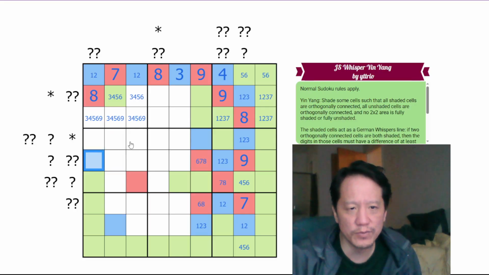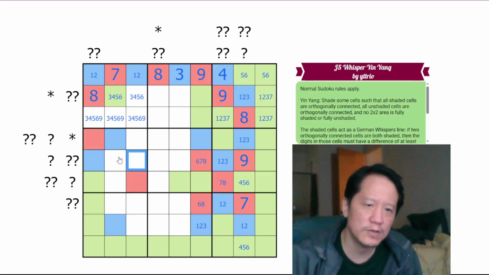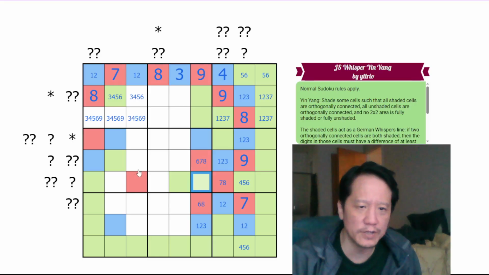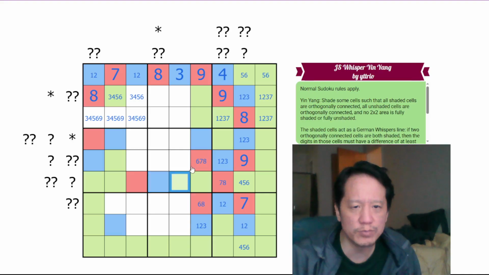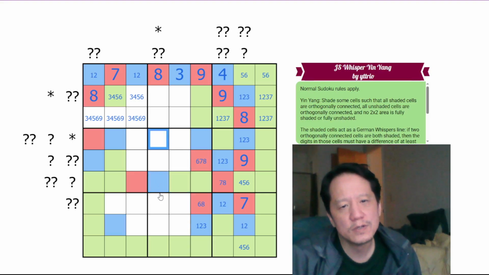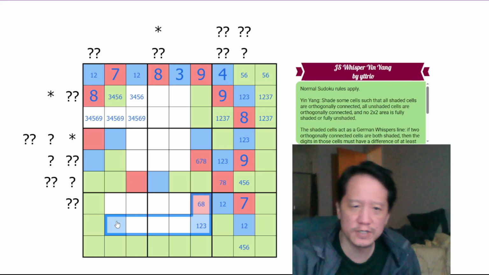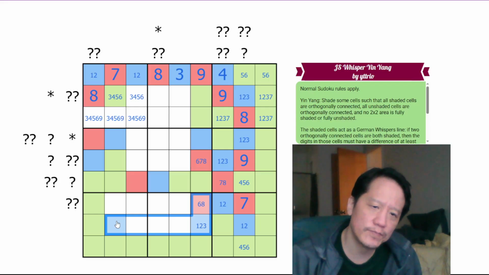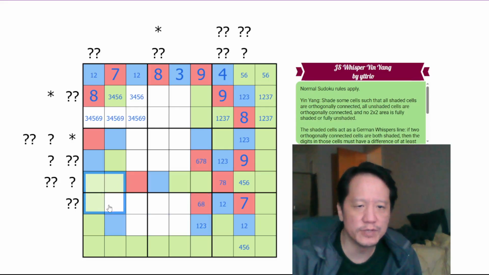So then we have blue, red, blue there. That would force this to be green. So it cannot connect, then that would be green. Therefore, this would be red, blue. This could just go straight down here, right? No, because then they would have a 2x2 area. Okay, so then that does not work.